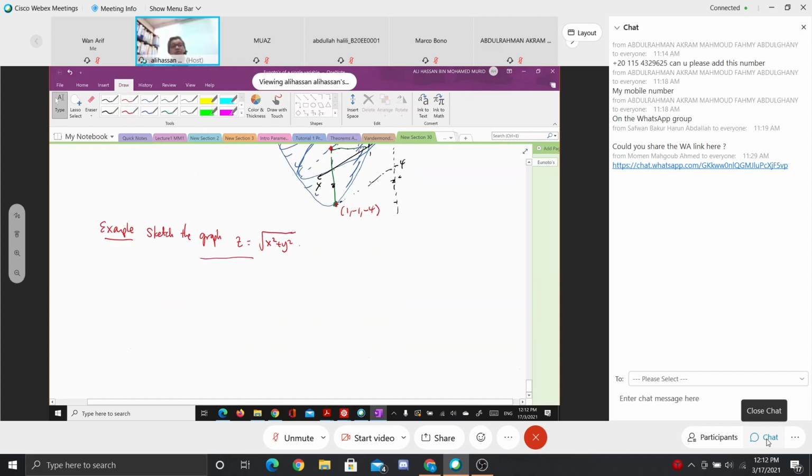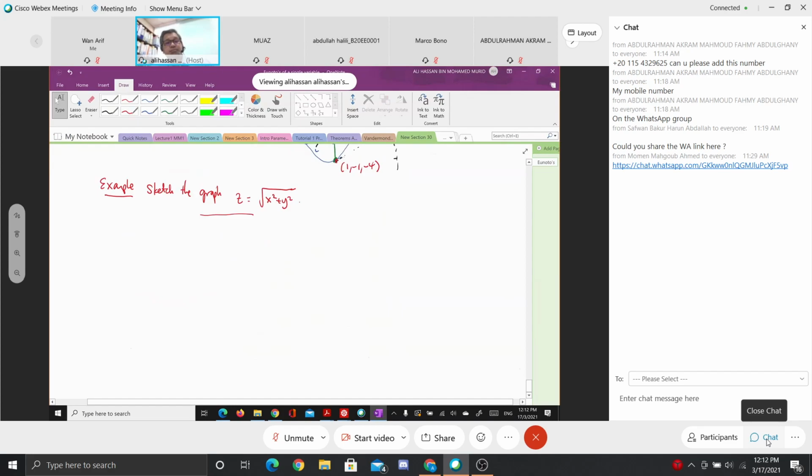So this is also a function of two variables. It is defined for all xy, right?